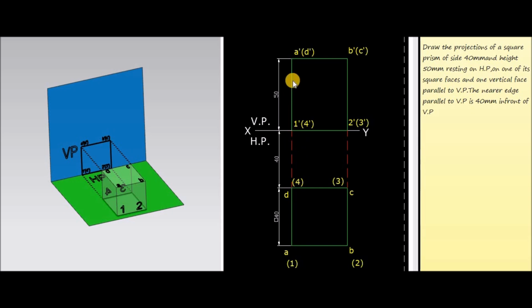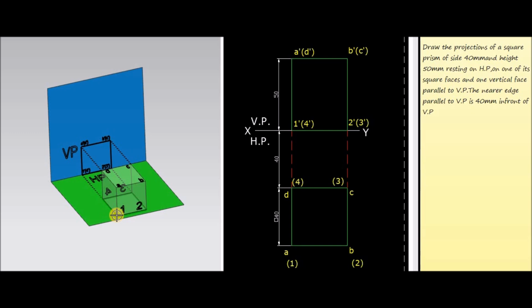Now we have to mark the points at a distance of 50 mm from the XY line. Then corresponding to the top view corners A, B, C, D and bottom corners 1, 2, 3, 4, mark the points here. And from this figure it is clear that the points 1, 2, 3, 4 are resting on HP.